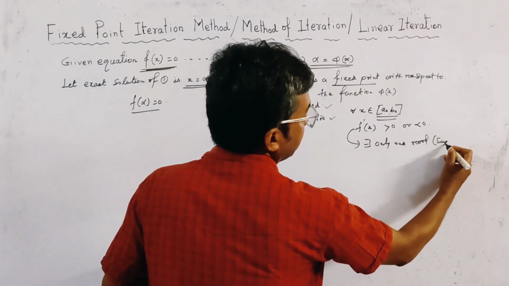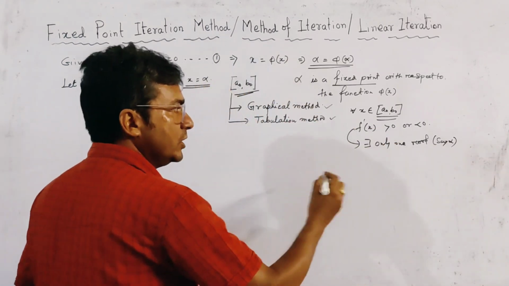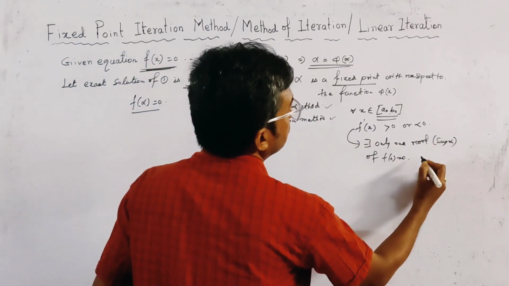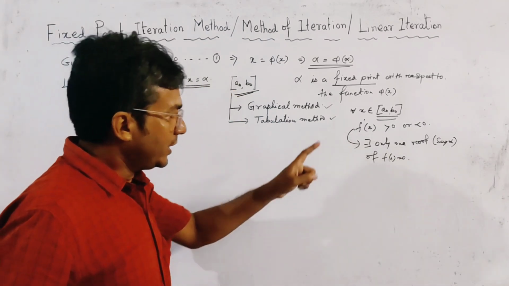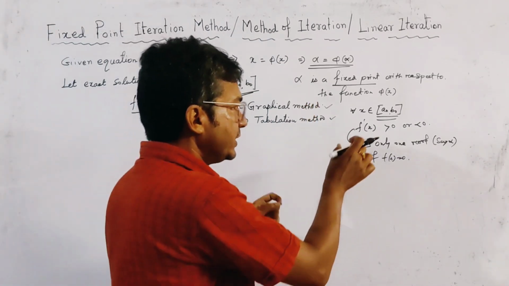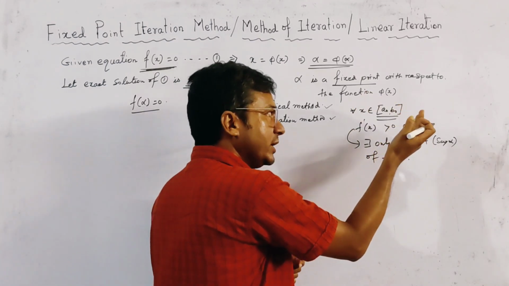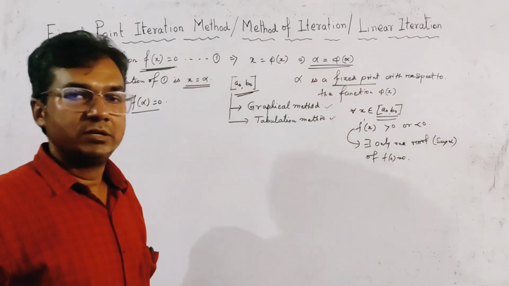We have already said alpha is the one root of f(x) = 0, and so we carefully check that either f'(x) is greater than 0 or less than 0 in this interval.